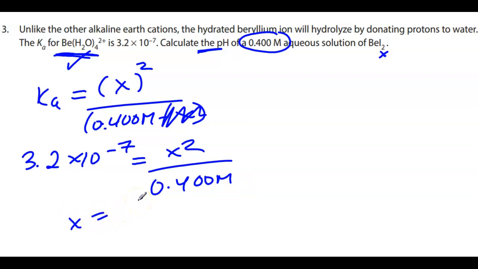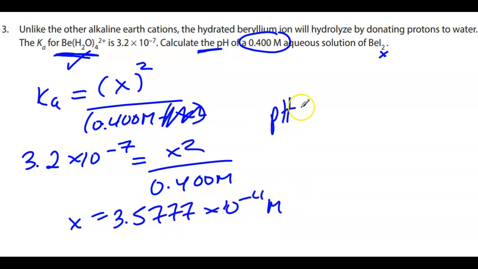So our X in this case works out to be, let's see, 3.2 times 10 to the negative 7 times 0.4, and if we take the square root of that, 3.5777 times 10 to the negative 4.